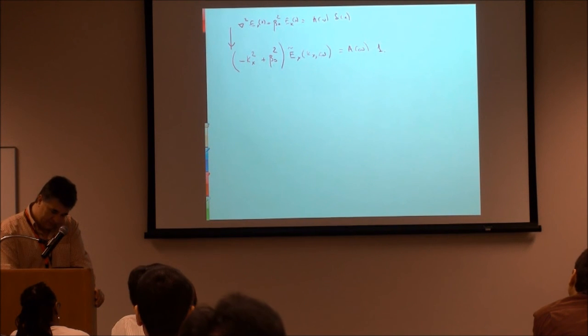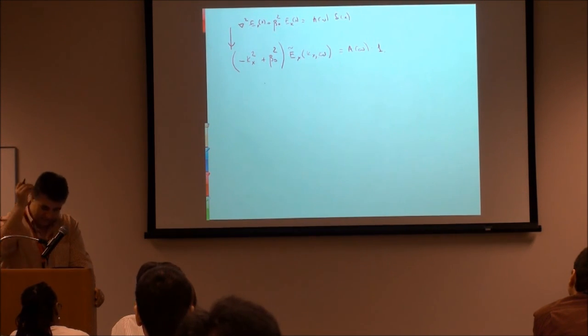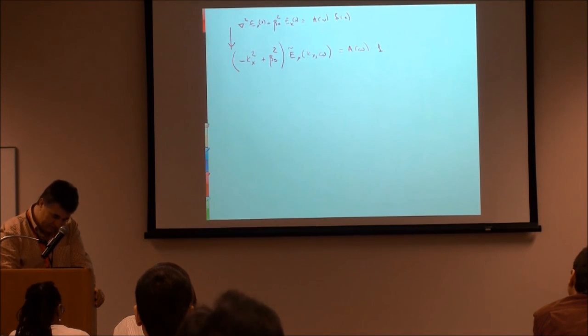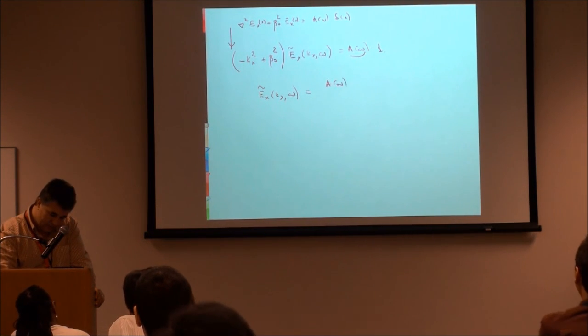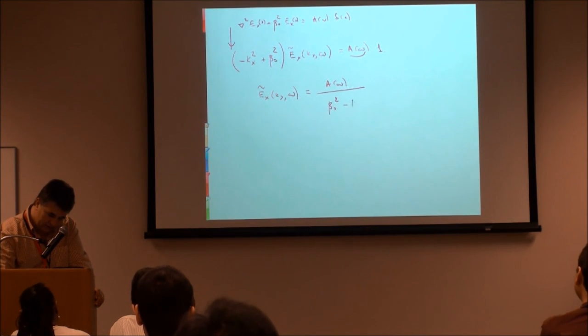There we go. The solution to this impulse gives me the impulse response, which is Ex of kx and omega equals A of omega over beta naught squared minus kx squared.